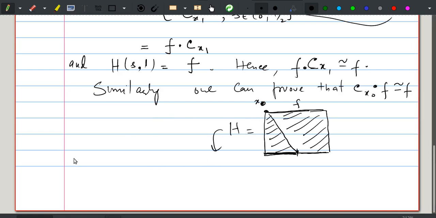Now we have the second item. We had to prove f product with its inverse is homotopic to c_x0, and f inverse product with f is homotopic to c_x1.